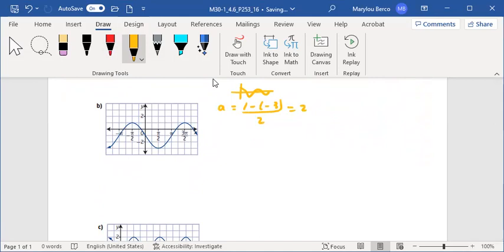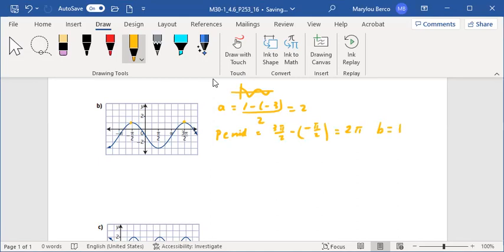The period is 3 pi over 2 minus negative pi over 2, which is 2 pi. So B will be equal to 1.